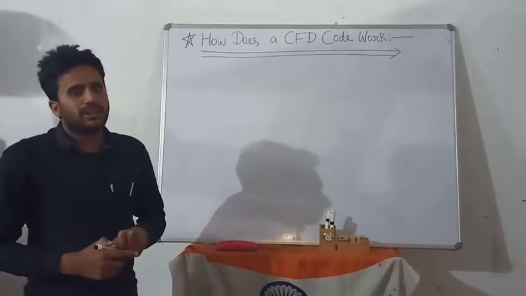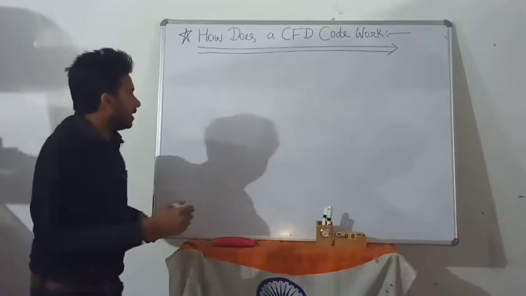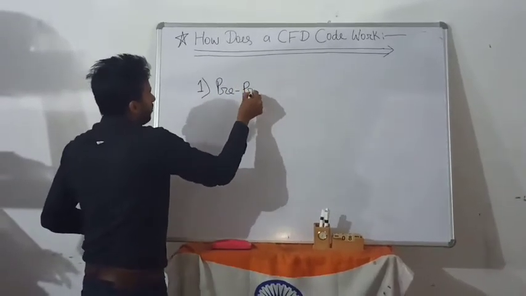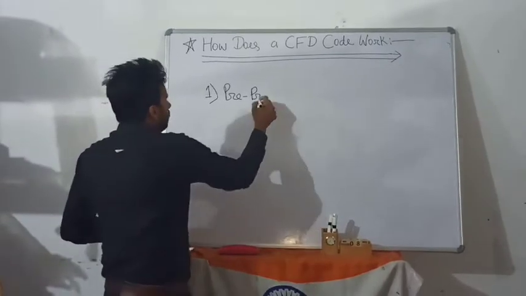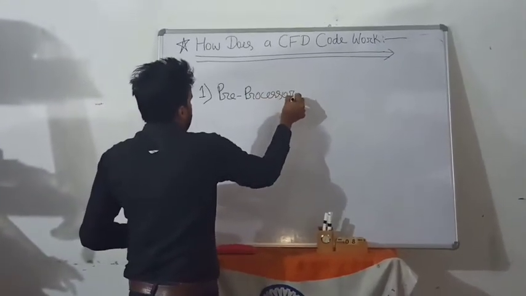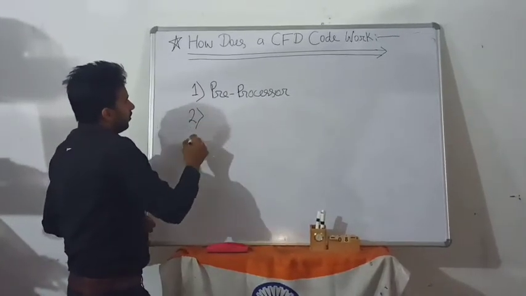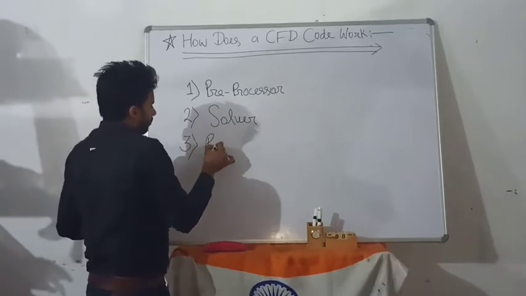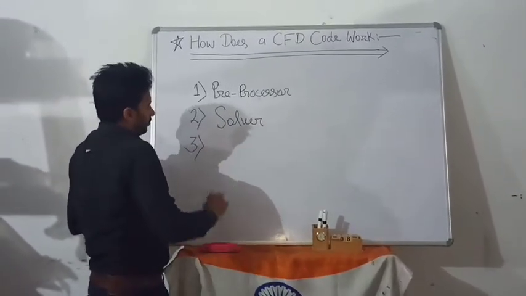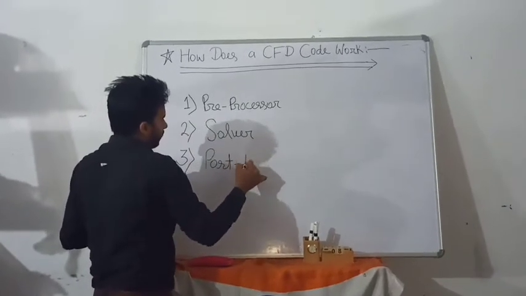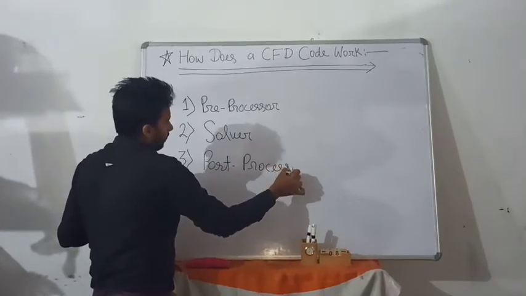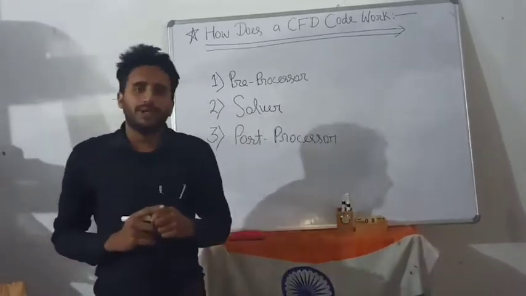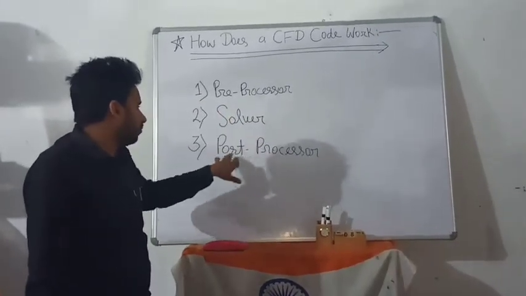There are three main parts to a CFD code: first is the pre-processor, the second is the solver, and the third is the post-processor. Three steps are involved: pre-processor, solver, and post-processor.